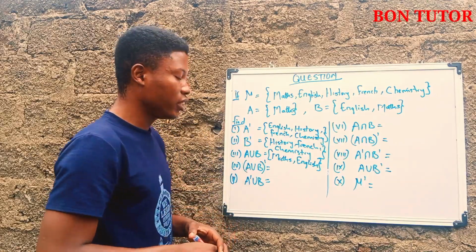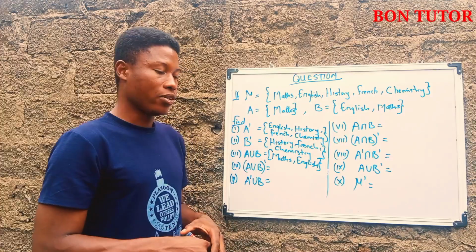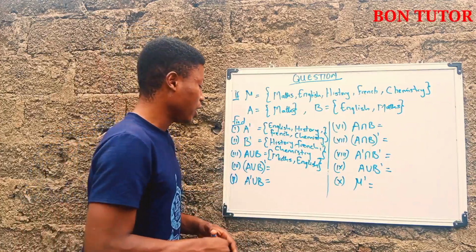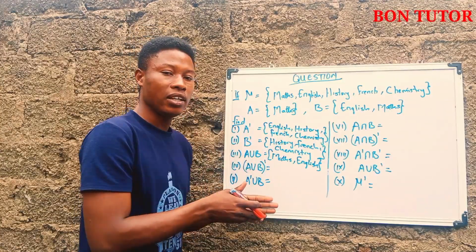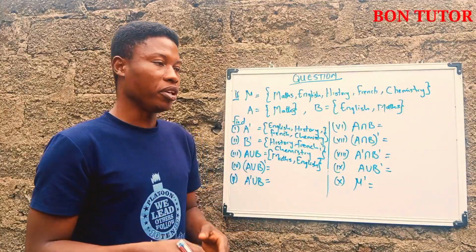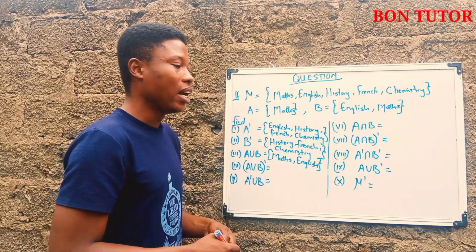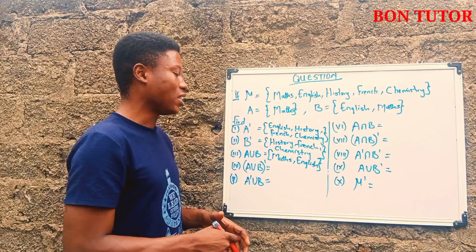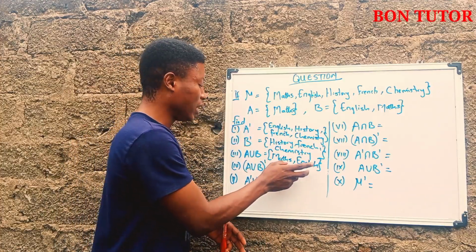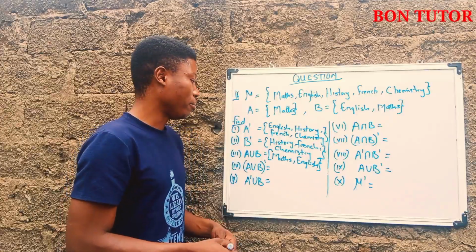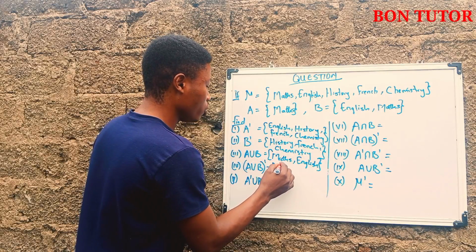So the fourth question is A union B prime. You have the A union B in brackets, then you have the prime outside. So what are you going to do to this? The A union B already tells you what you have in A, added to what you have in B. But now it has prime. It simply means you are picking every other element that you can find in the universal set, but they are not in A union B. And that will be your history.